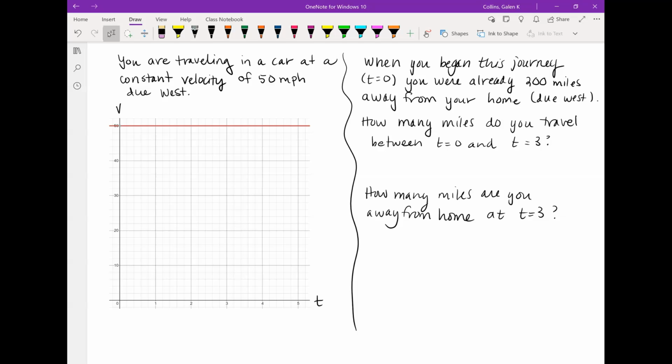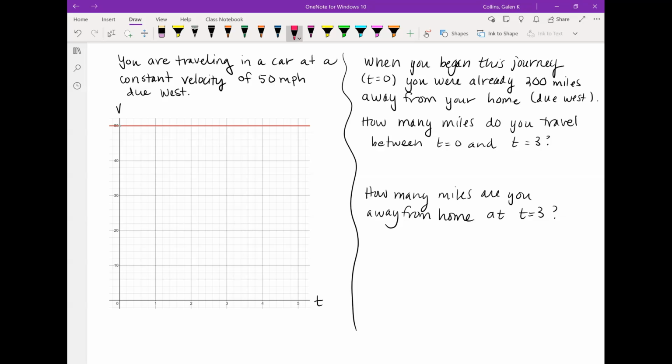So if we are asked how many miles do you travel between t equals 0 and t equals 3? I chose a simple problem because you could answer that without calculus. But what this is really asking is, let's say that x represents our position.